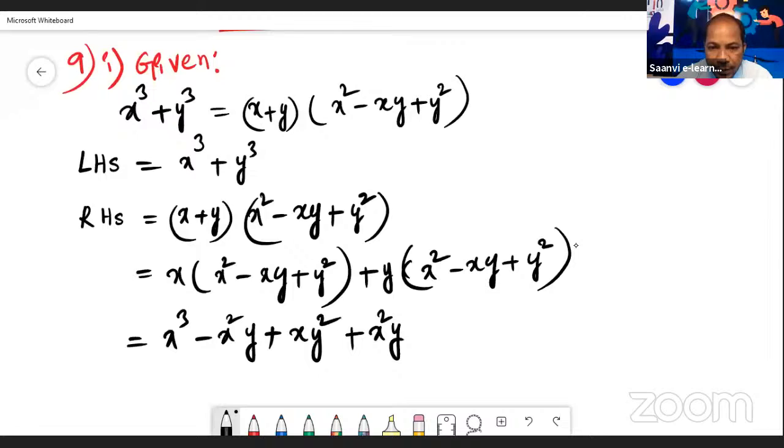Then minus y into xy: x single is there, y double is there, so minus xy square. Plus y into y square: y triple is there, it means y cube. Okay. So now see here.